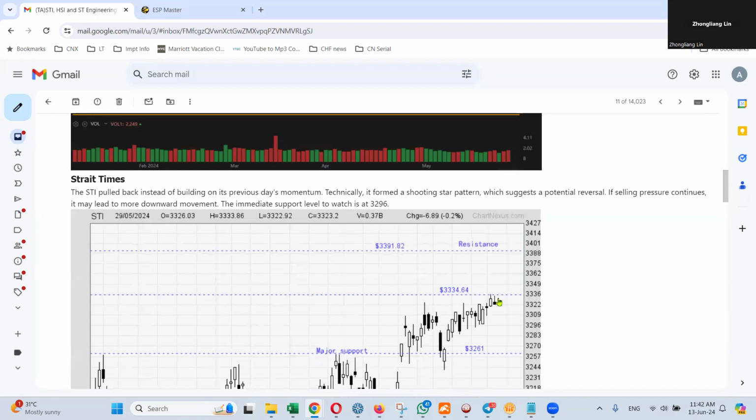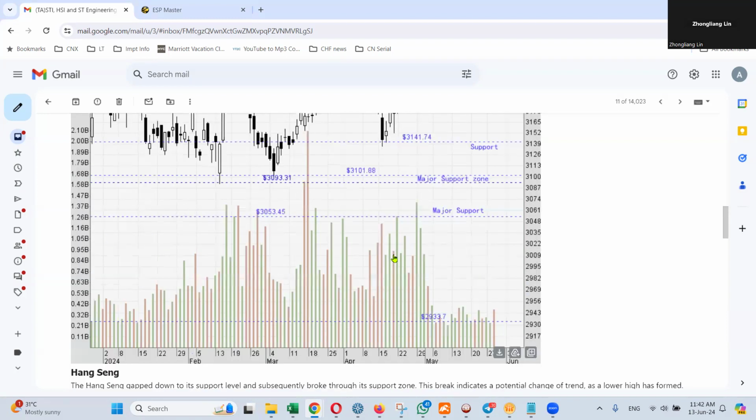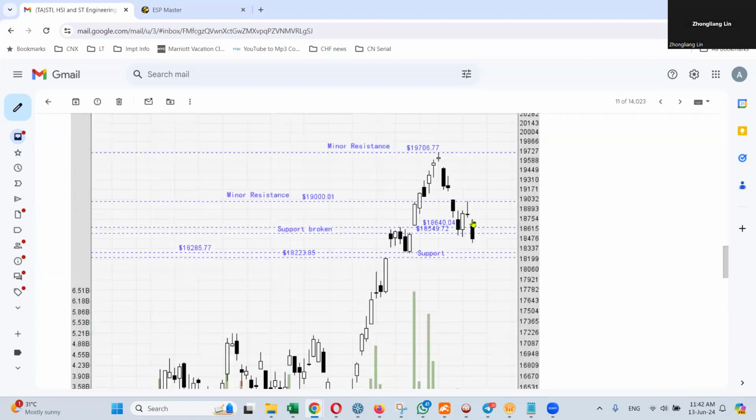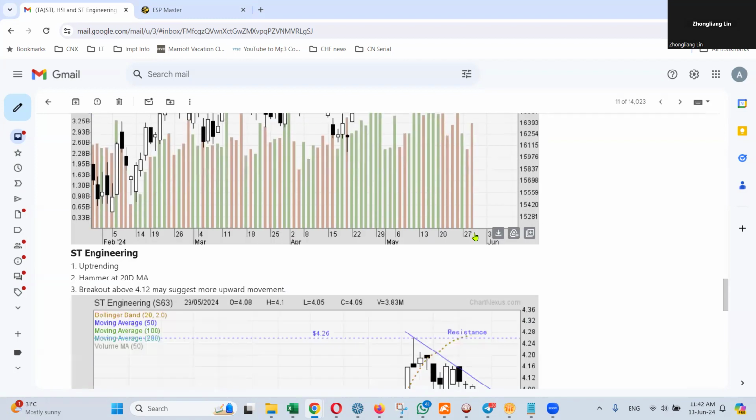And STI, after breaking up, started to feel some sluggishness, and decided to pull back for a bit before it can hit the next resistance. Hang Seng, you see, broke down, failed miserably, continued with a lower high, and goes into a downtrend.